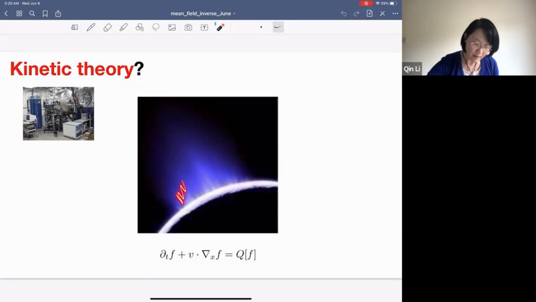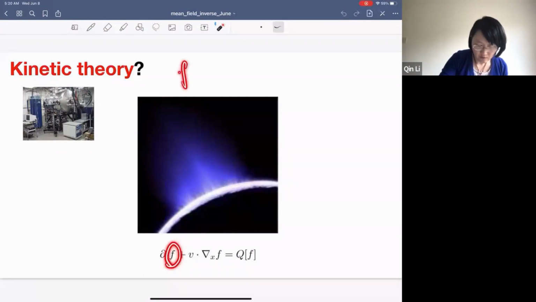The water vapor over here is described by the Boltzmann equation. Once again, this f is a distribution function. It tells you how many water vapor particles you can find at a specific time t, at a specific location x, moving with velocity v. This distribution function's dynamics are governed by two terms.